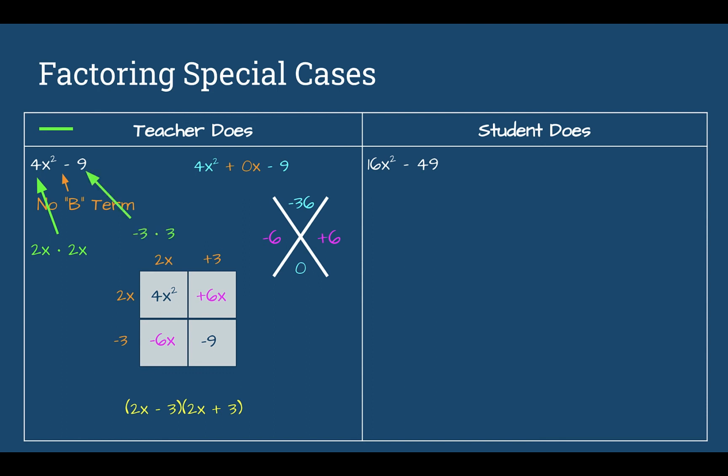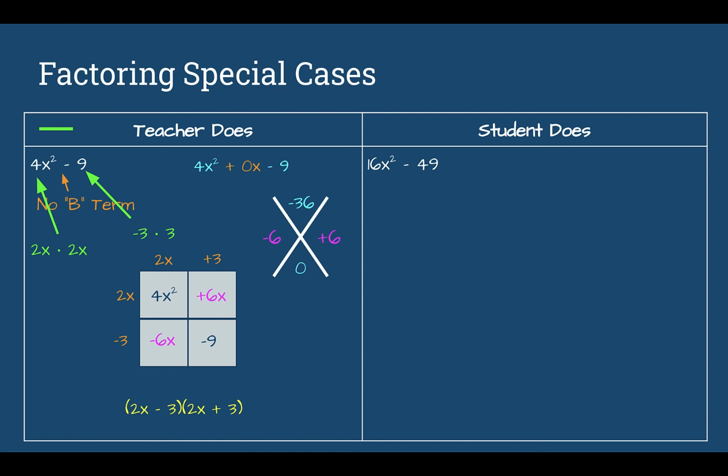That minus 9 is where they need to be opposites, so plus 3 and minus 3. Essentially, if you just take the square roots of those numbers, so the square root of 4 is 2, the square root of x squared is x, the square root of 9 is 3, you're going to get your values, and then just make one of them plus and one of them minus.